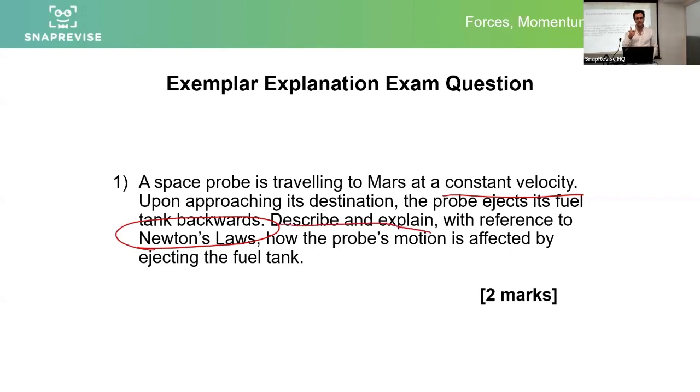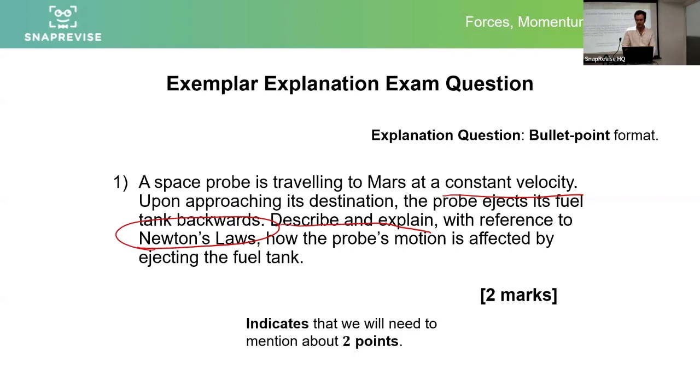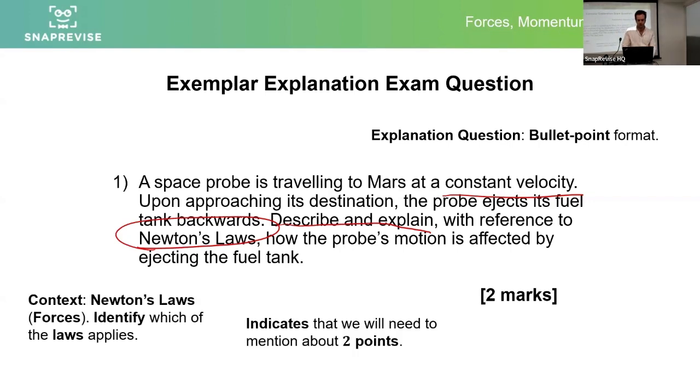So state what happens and then tell us a little bit of physics that explains it. With reference to Newton's laws, how the probe's motion is affected by ejecting the fuel tank. Hopefully, it's only a two mark question. I should point that out. So just two bullet points should do. What happens and why?